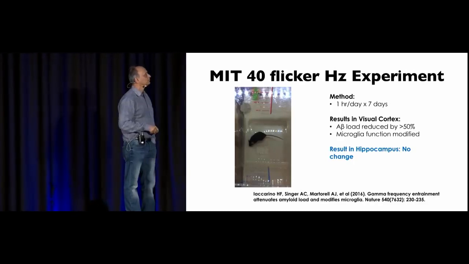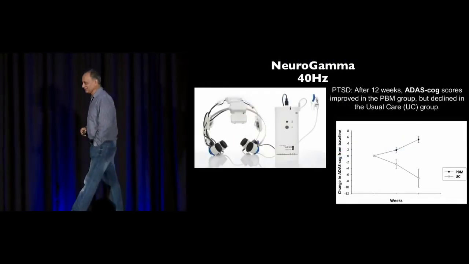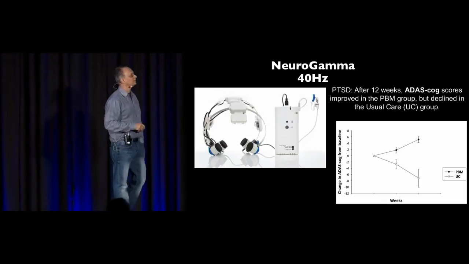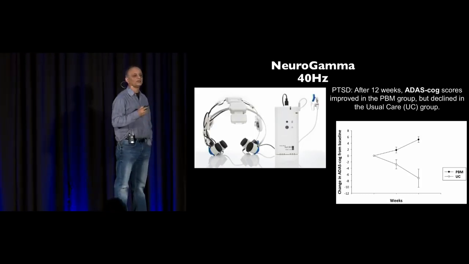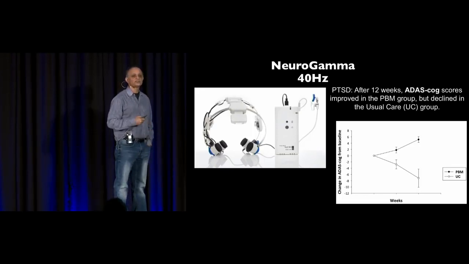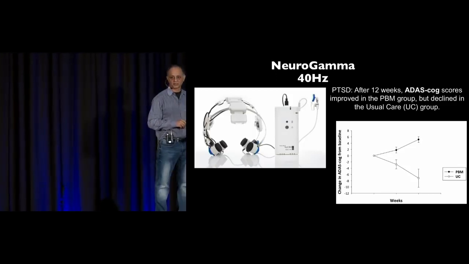So pretty quickly, Vielight came out with a headset that flickers at 40 hertz called the NeuroGamma. And the idea there is that if you're flashing infrared light into the whole brain at 40 hertz, then maybe you can reduce plaque or improve cognitive function in the whole brain, not just in the visual cortex.